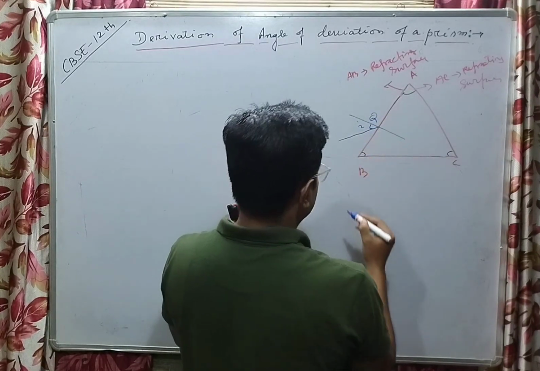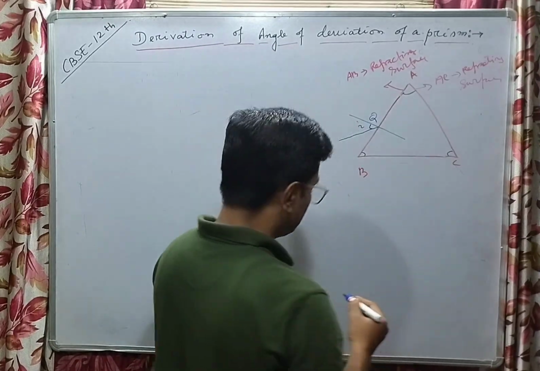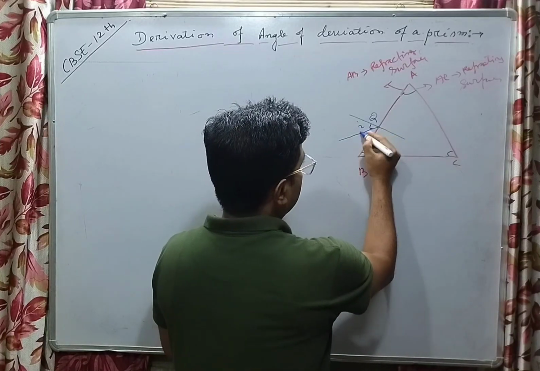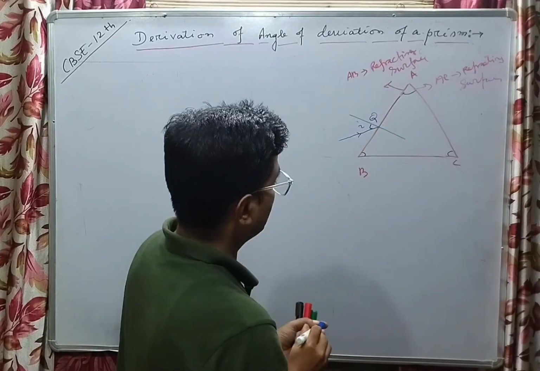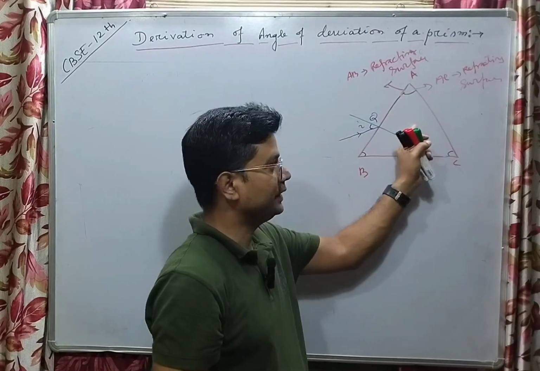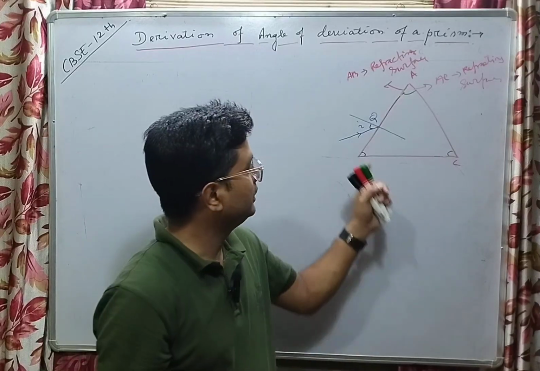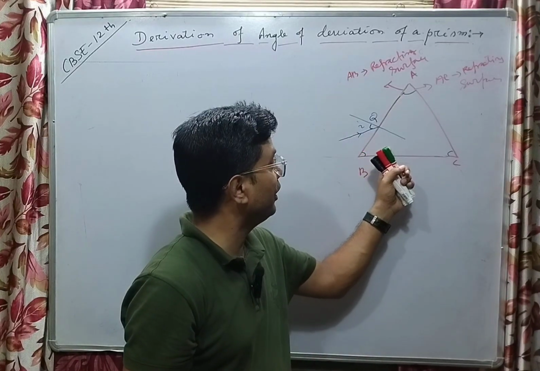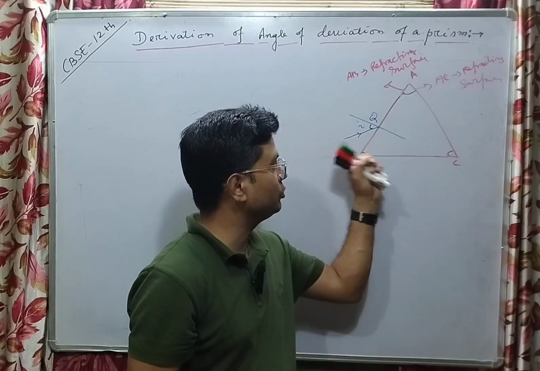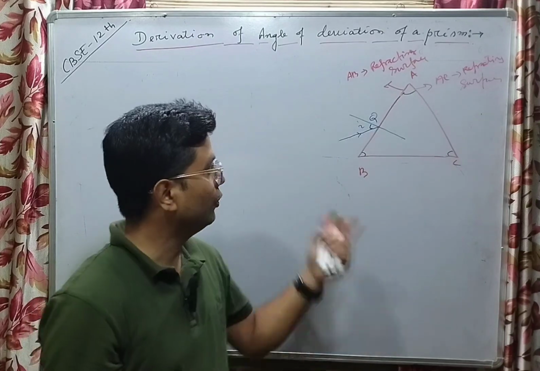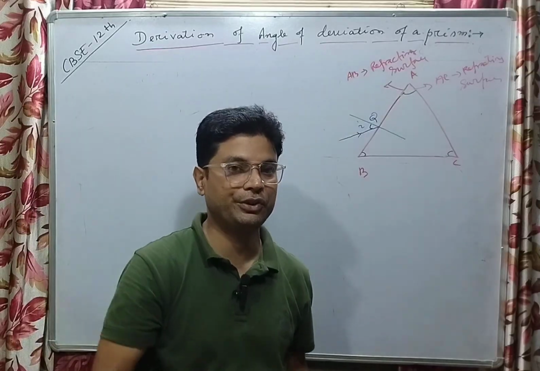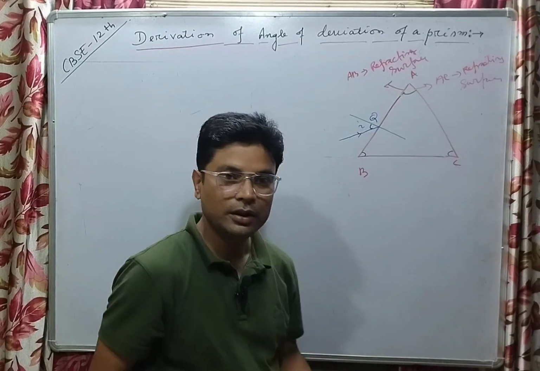Suppose this point is Q. Another thing you have to listen carefully: at this point there will be a refraction, because the ray enters from a rarer medium, air, into a denser medium. When light enters from the rarer medium to the denser medium, there will be a refraction. Again, when light goes from a denser medium into a rarer medium, there will be another refraction. I will discuss it in this topic also.